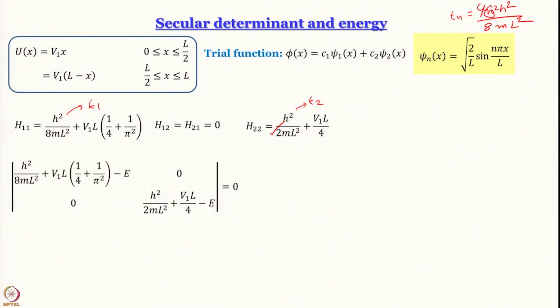The secular determinant we get is this, and it is very nice because it is a block factorized determinant. Since H12 is equal to H21 is equal to 0, we get a block factorized determinant, and block factorized matrices and determinants are lovely because the solution becomes so easy.